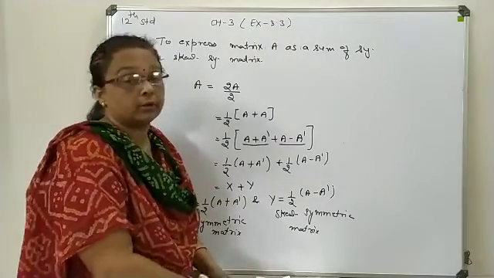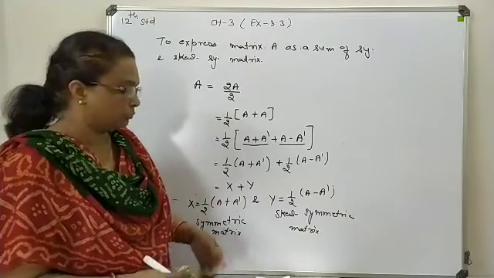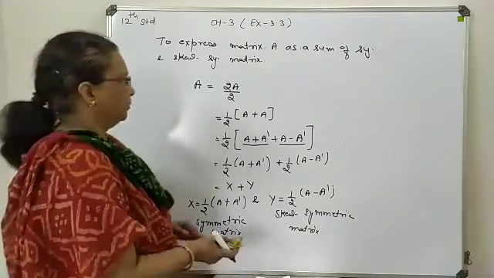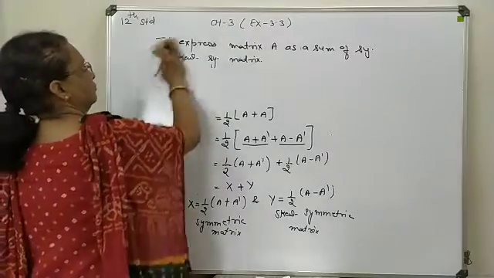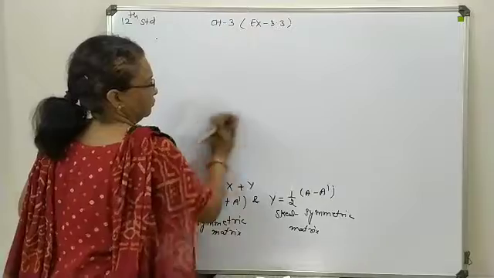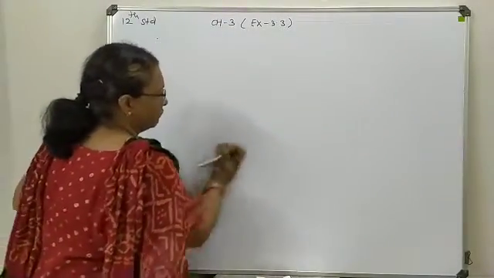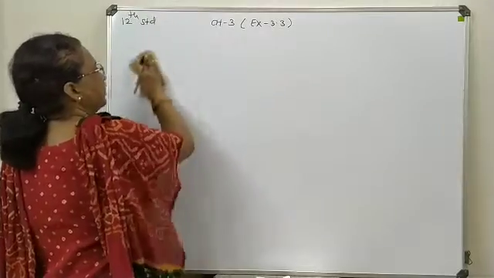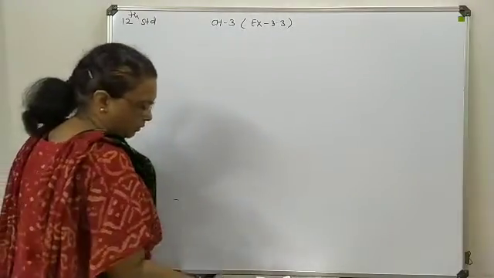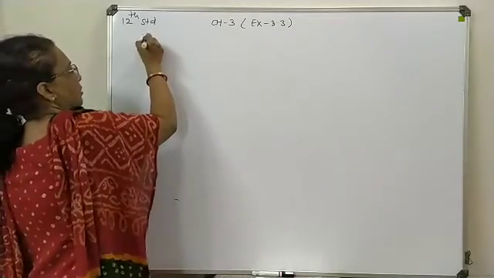Now look at one more theoretical question based on this transpose form, and then we move to the exercise question. Here we have a question from exercise 3.3, which is a theoretical question, question number 11.